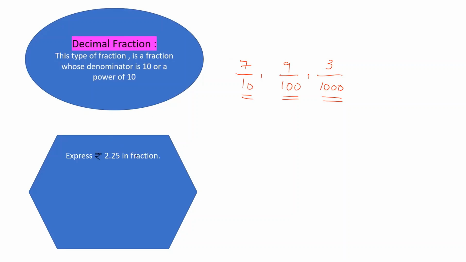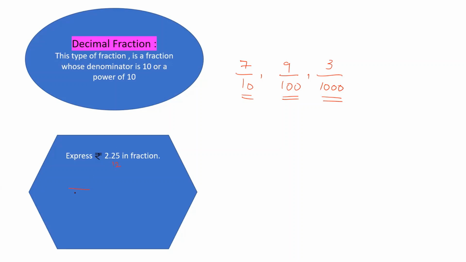Express 2.25 as a fraction. 2.25 is a decimal, right? Now I want to convert this into a fraction. To convert a decimal number into a fraction, in the denominator, after the decimal point, how many digits are there? 1, 2, two digits.